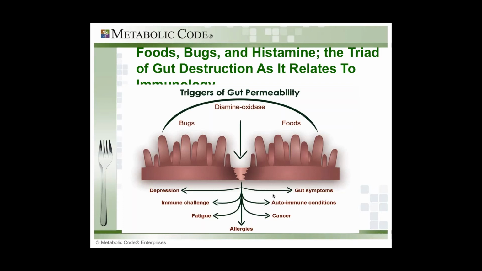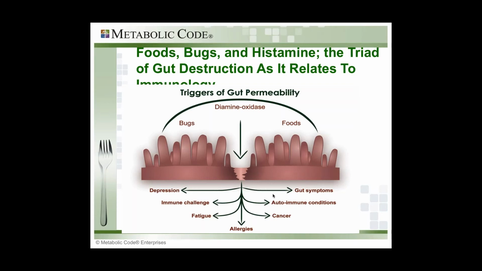Histamine, when it gets produced, there is a substance in the gut called diamine oxidase that should be there to break it down. But when you're having an overactivity of the immune system in the gut, you can get a way overproduction of histamine.